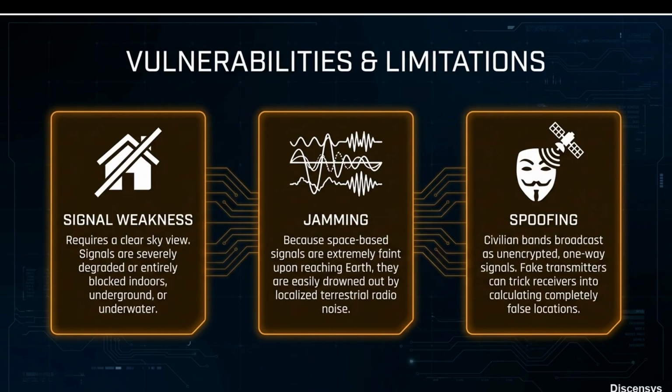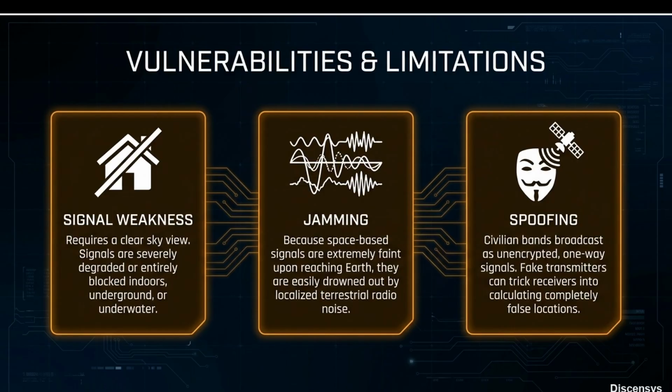They are easily drowned out by localized terrestrial radio noise. Suppose there are a lot of devices running within that place, then the signals can be jammed, because the distance these signals travel from the satellites to the surface is thousands of kilometers. We have read about it before, right? 20,200 kilometers.